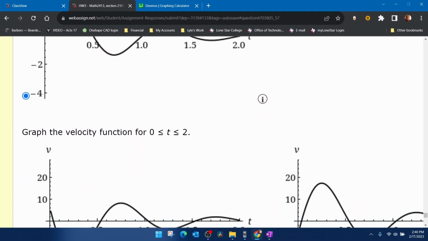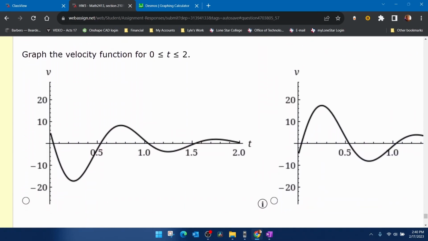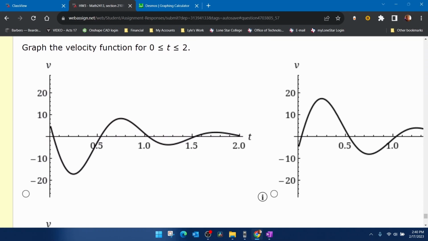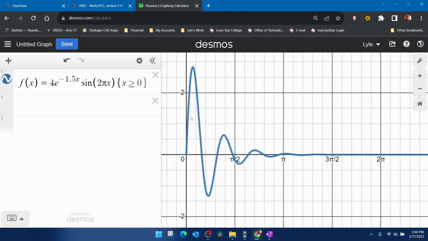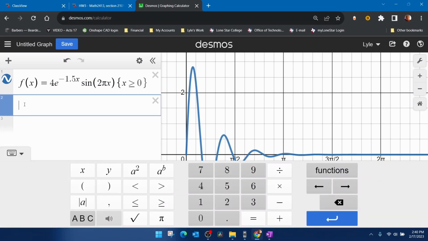So I've got my graph here, and then notice the last thing they want me to do is graph the velocity. What I wanted to show you is that we can actually graph this function in Desmos, giving us our visual representation of the original function. But then here's the cool thing about Desmos.